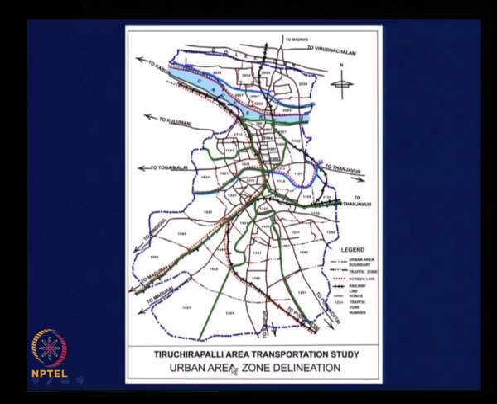What they have done here is they have just taken the revenue boundary or the consecutive ward boundaries as a guideline, so that within a sector they will have a clear cut number of traffic zones, right. If a sector line passes through the middle of a traffic zone, then there will be a confusion, is it not?